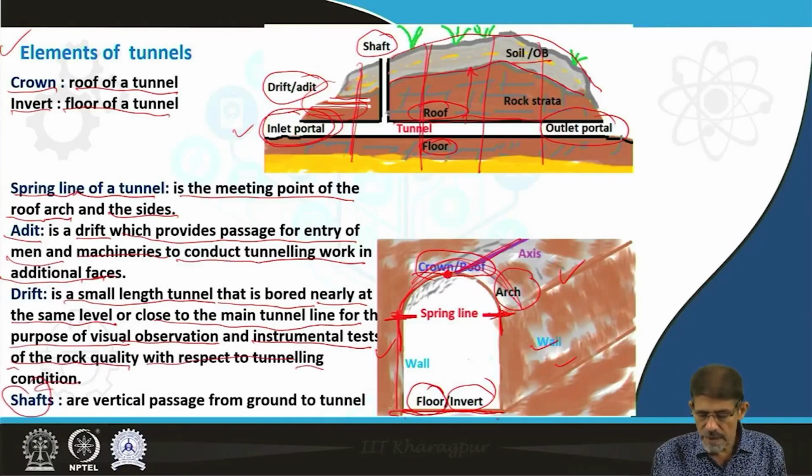Shafts, as you can observe here, are the vertical passages from the ground to the tunnel for maintenance work or for emergency exit work, etc. So we have elements like crown, invert, spring lines, and adit. An adit is a horizontal opening closely associated with the tunnel.